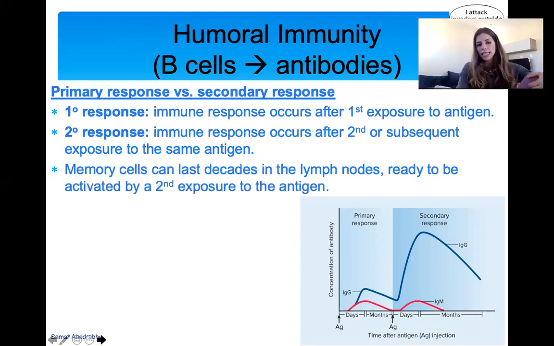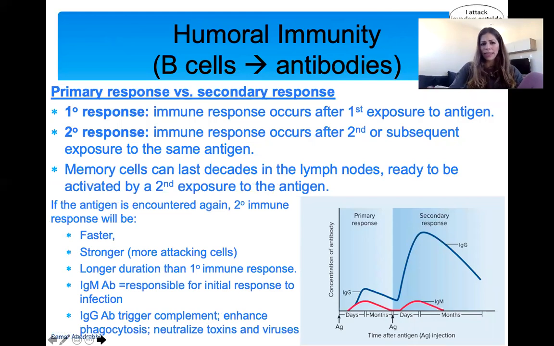And memory cells are formed after you've been exposed to a pathogen. So that's why the secondary response to a pathogen, or the third, fourth, fifth, 10th, we all call them secondary response, is usually much stronger, and you recover much faster if you see the same pathogen again.